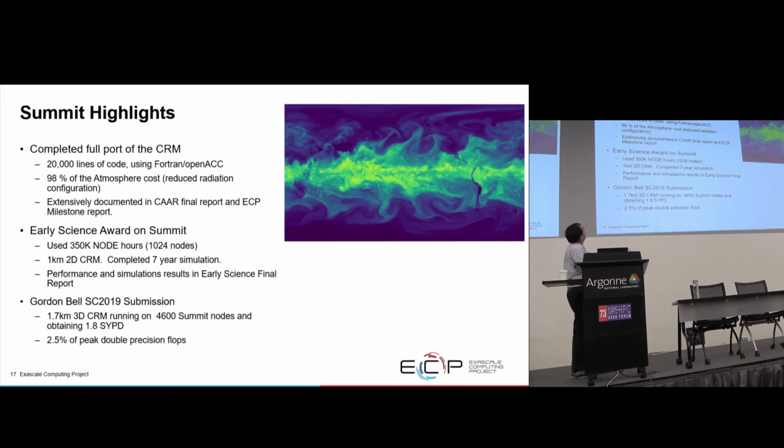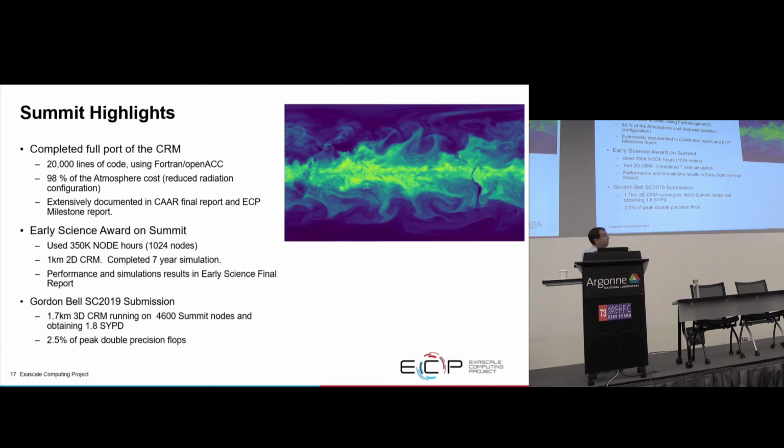So some highlights. We ported the CRM over. We had to basically rewrite 20,000 lines of code using Fortran and OpenACC. This is a huge fraction of the cost of running the MMF. We've documented it in a CAR report. I think these CAR reports are publicly available, and also in an ECP milestone report.